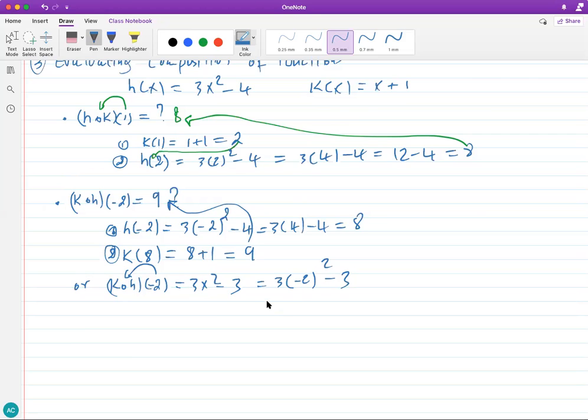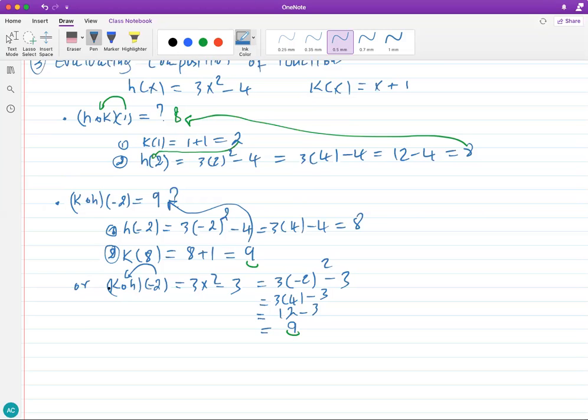So this will be, again, we do this first, so 3 times 4 minus 3, 12 minus 3, which is 9. You can see it's the same number here. We got 9 here. We also got 9 here. Either way will be fine when you evaluate. Okay, so we got 9 here, also 9 here, which is good.